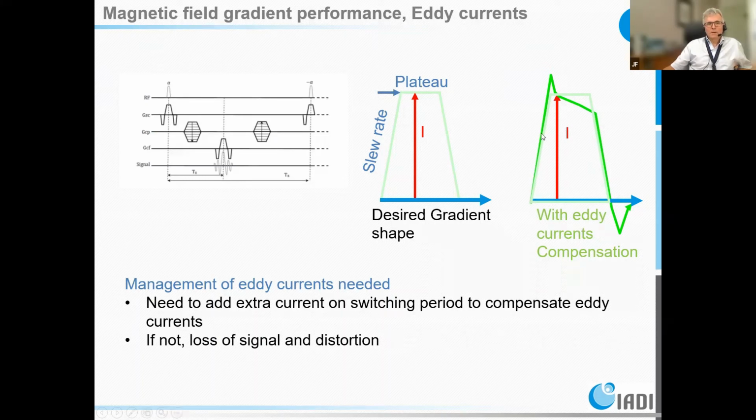We apply the red line here to have the shape that we want. Because the system is going slowly up and down, we have to have an overdrive of the gradient, and here also to have the trapezoidal form. This is done in the system, but you have to know this. This is the first point.